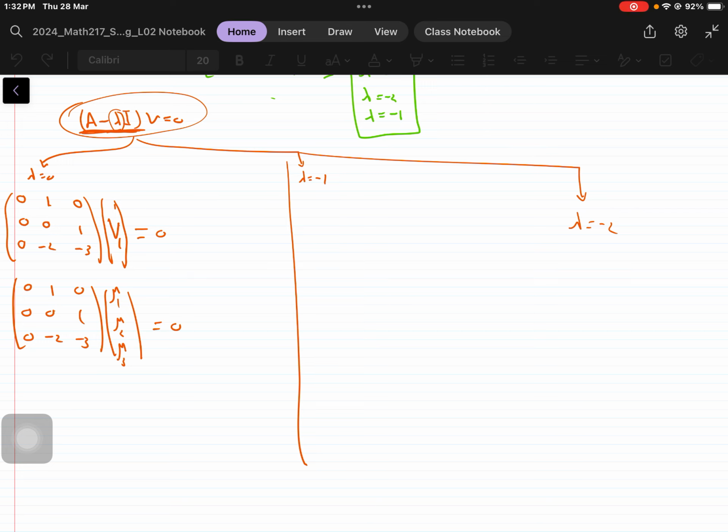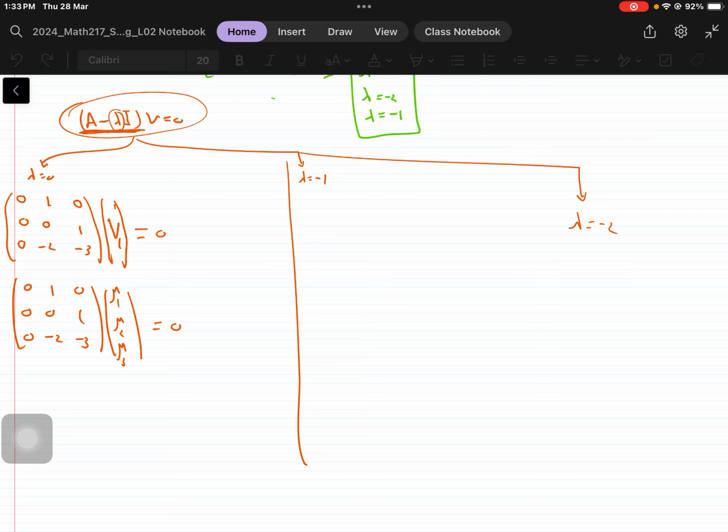The row operation means we can multiply one row with something and add it to the second row or the third row. So we hope that if we can make this 0, can we make this 0? Yes. Multiply the first row by 2 and add it to the third row.